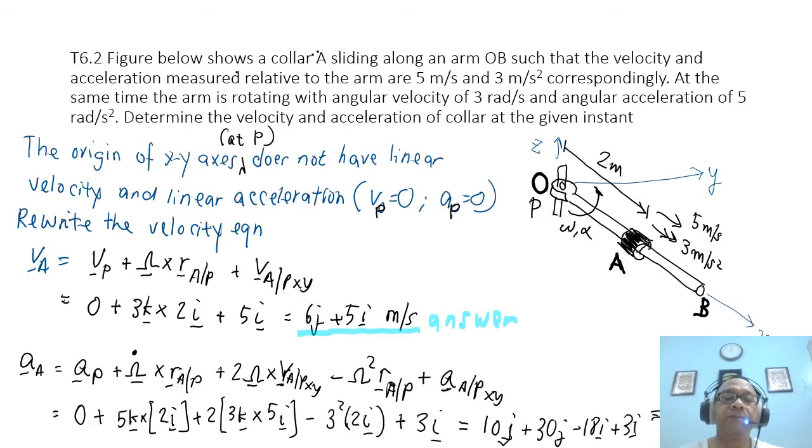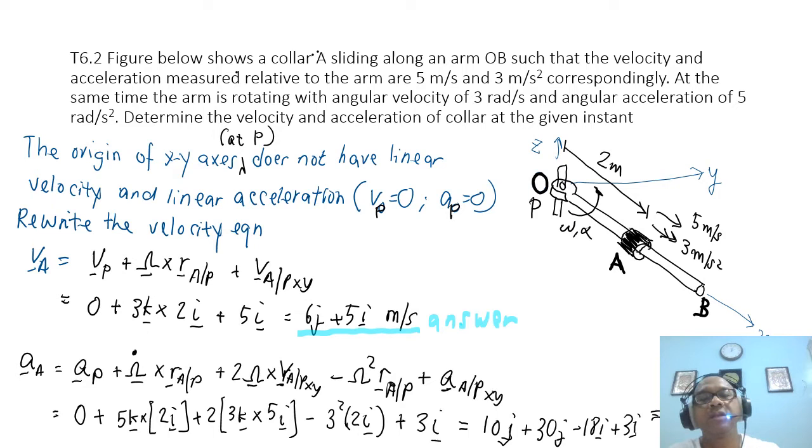So let's look at the second example. Here is a similar example, just to reinforce your understanding of the subject. The figure below shows a collar A sliding along the arm OB.